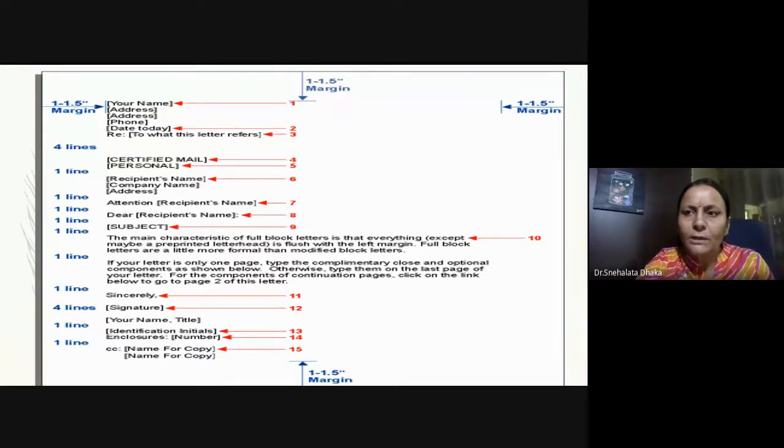You can note down all this information. The rest of the steps of the letter will be aligned from the left side only. So this is the slight difference in the semi-modified block format.